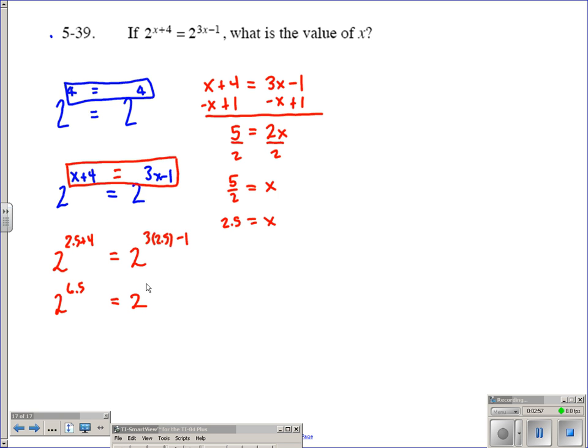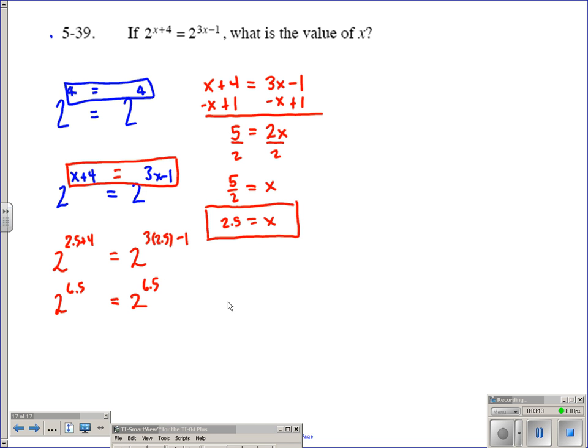So we get 2 to the power of 6.5, which we know would end up being equal. So our answer here is x equals 2.5, or 5 halves is perfectly acceptable.